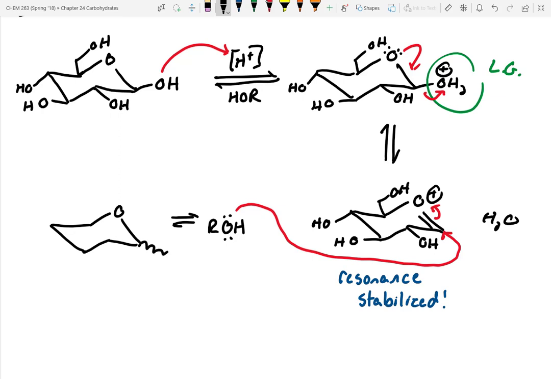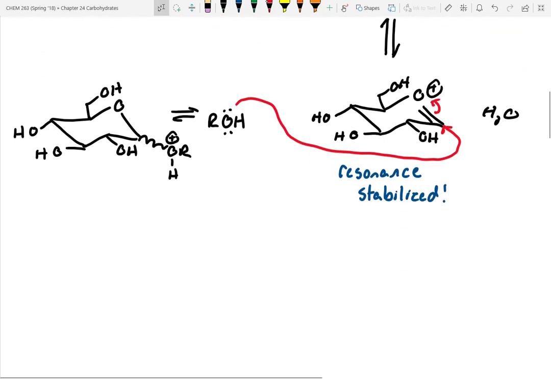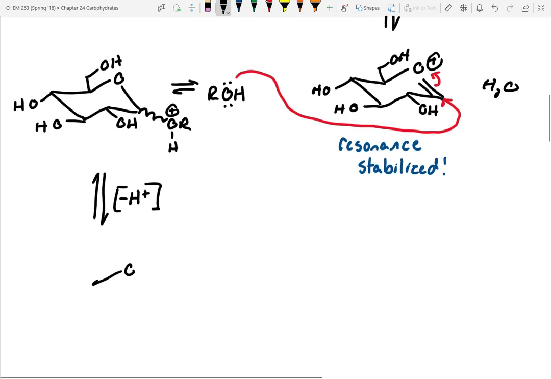Sometimes chemists will show it with a squiggly line to indicate that it's not clear if it's axial or equatorial. So I'll just show it with a squiggly line. And then what do you think the last step is going to be? Deprotonation, exactly. So for the last step, just write minus H+ in brackets, and then we'll show our final glycoside product.